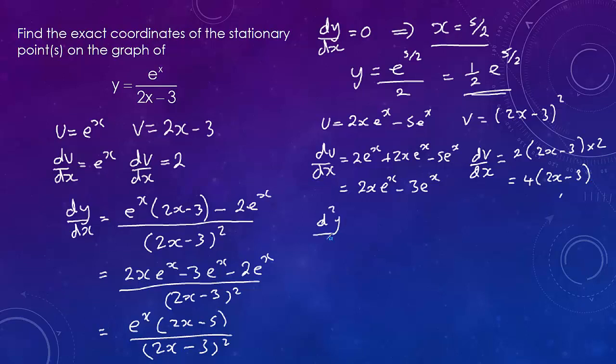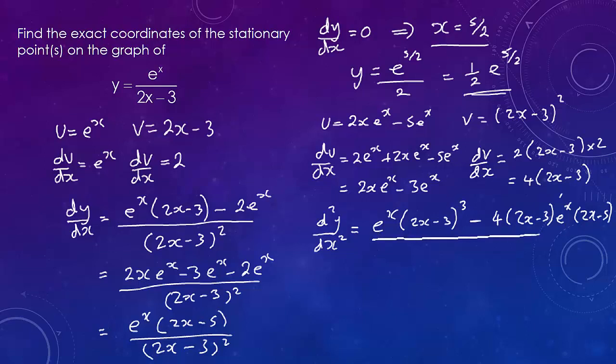So d2y/dx squared will be v du/dx, so that's going to be e to the x (2x minus 3), multiplied by this v, which is (2x minus 3) squared, so altogether that's going to be cubed, minus u dv/dx, so that's going to be 4(2x minus 3) e to the x (2x minus 5), all over (2x minus 3) to the power 4.